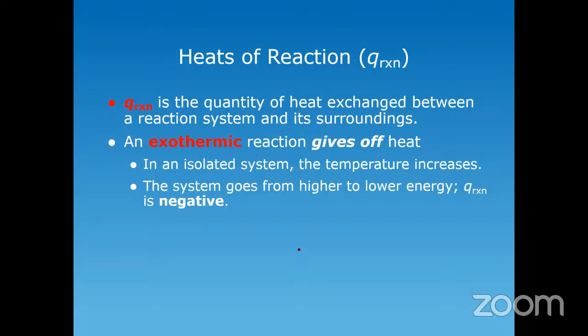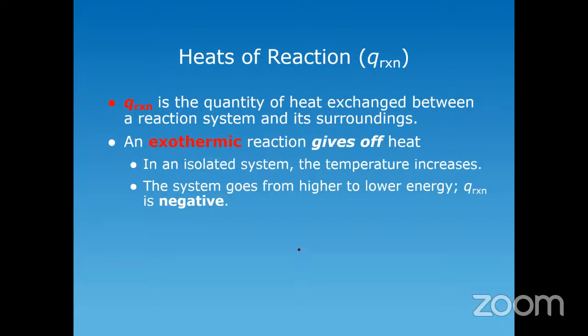We have what is known as an exothermic reaction, which is a reaction that produces heat. And in an isolated system, now remember, in the isolated system, you do not have any heat exchange between the system and surroundings, right? So basically, in an isolated system, if an exothermic reaction is taking place, then heat will be generated, and whatever is left inside of the reaction system will absorb the heat, and the temperature of that system will rise, all right?